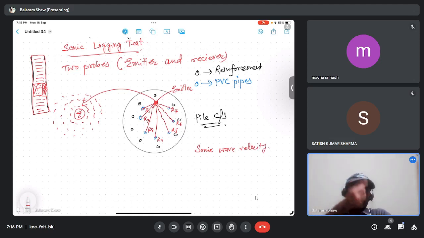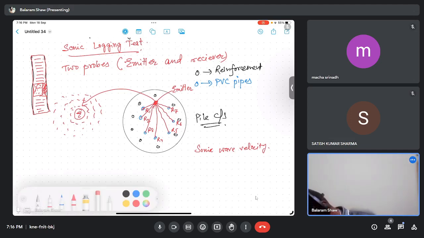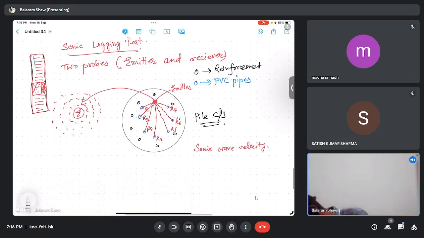Now what we'll do, we'll pull it up again, for each depth we'll do that test. So we'll pull out the probe at every distance. Let us say these are the piles, not the piles, the PVC pipes. So now we are here.